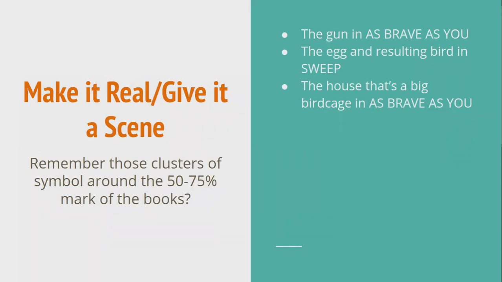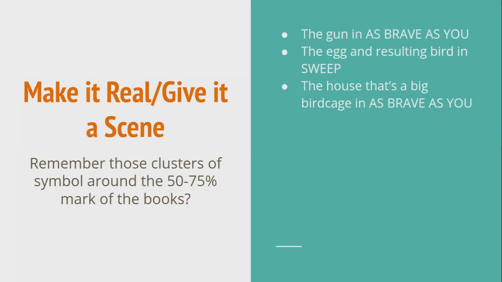It's like a giant bird cage, and they end up doing something that scares the birds so bad that they bust through the roof and out of this giant bird cage, abandoned house. And so it's this chance for a bird cage to become bigger than life.